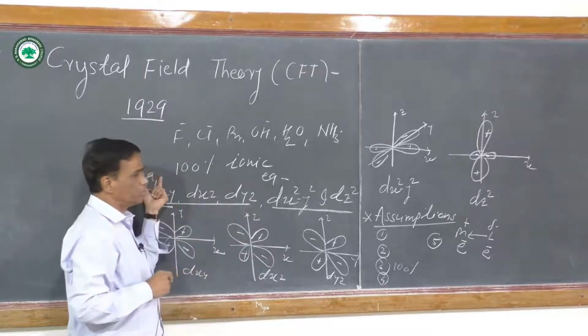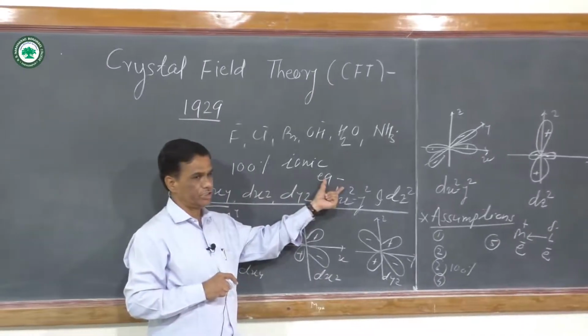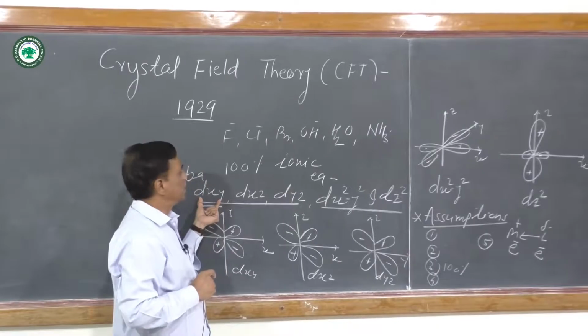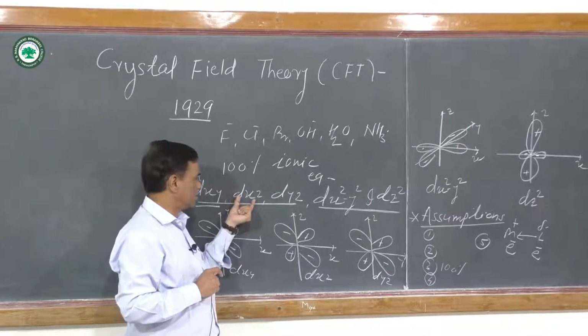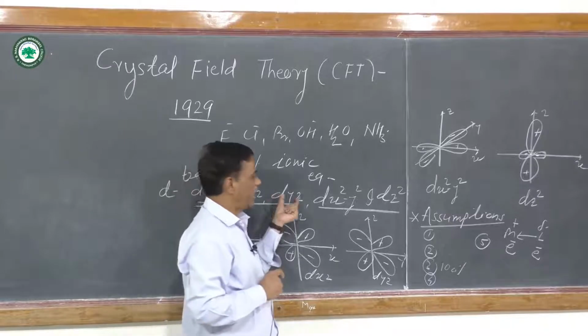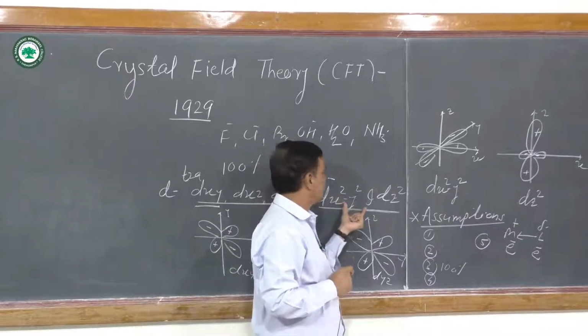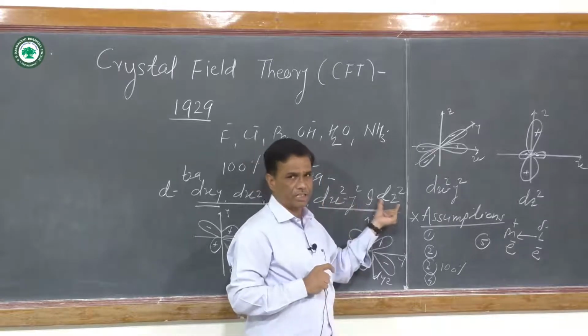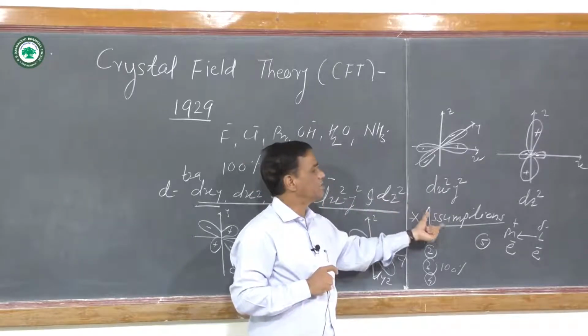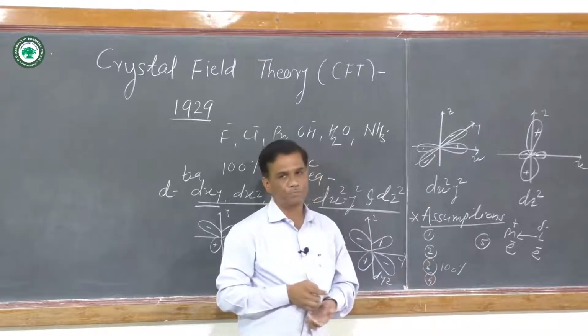One is the t2g set and the second is the eg set. In the t2g set, three d orbitals are there: dxy, dxz and dyz, and in the eg set two d orbitals are there: dx square minus y square and dz square.